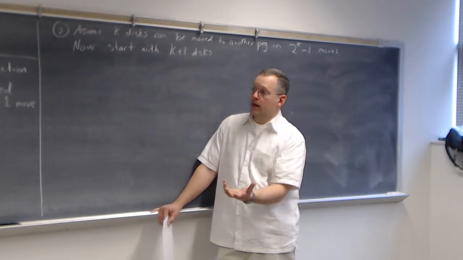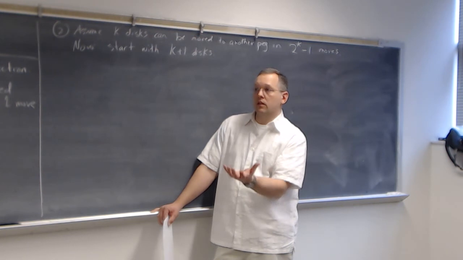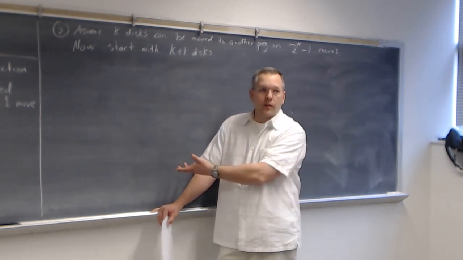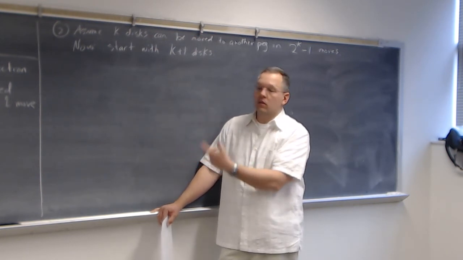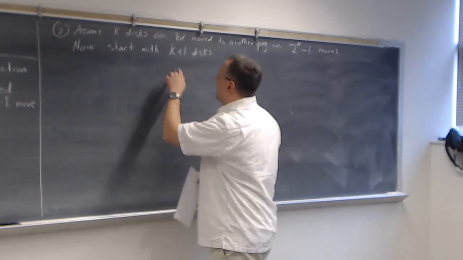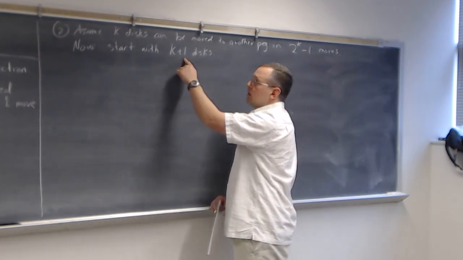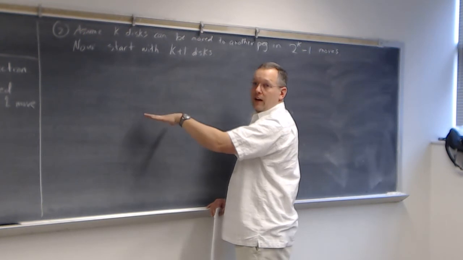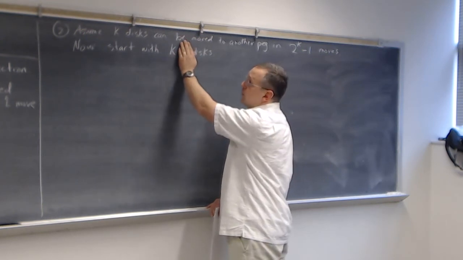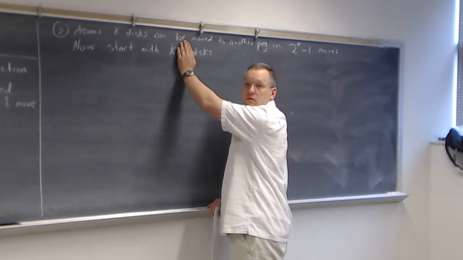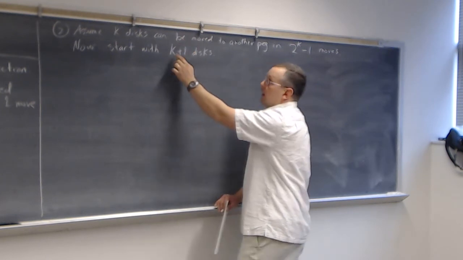You should know how many moves it takes to move the rings on top over to another peg, because you just did that problem. So think about this. If we have k plus 1 disks, the biggest one, you leave that alone, and you just move the k disks that are on top of it. So 2 to the k minus 1 moves.